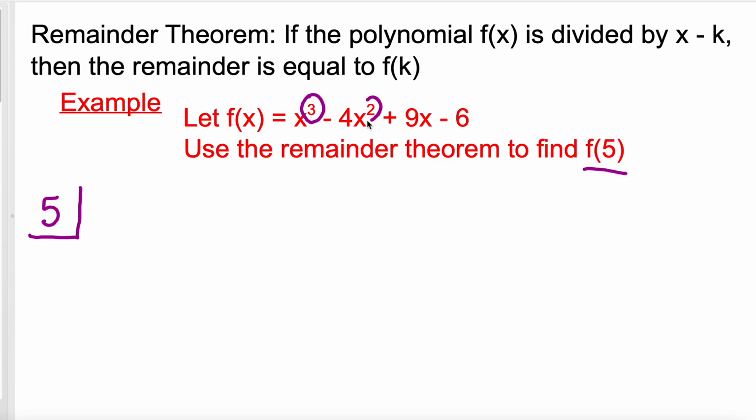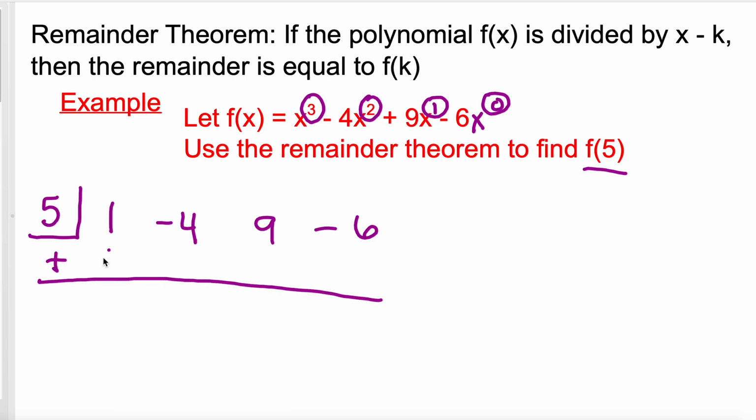So you look at the degrees, and that's really a 1, and then technically there is an x to the 0 right here. So 3, 2, 1, 0. I'm not missing anything because my powers go in descending order. So I just look at my coefficients: I have a 1, a -4, a 9, and a -6.